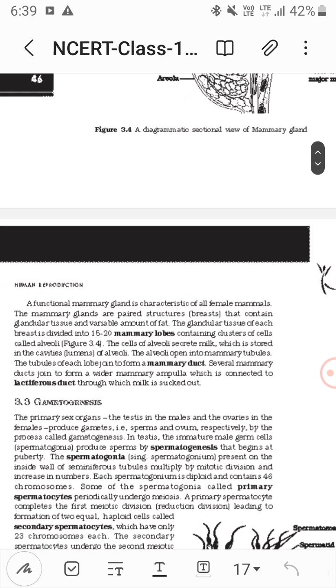The tubules of each alveoli form a mammary duct. Several ducts form the mammary ampulla, which is connected to the lactiferous duct.